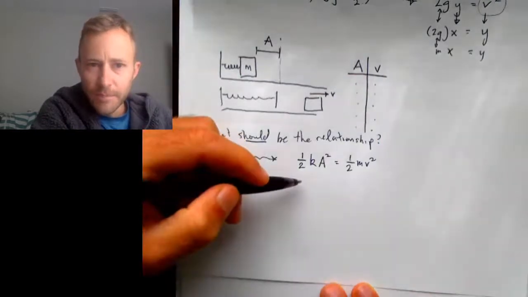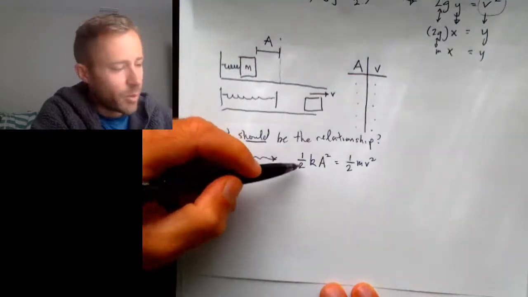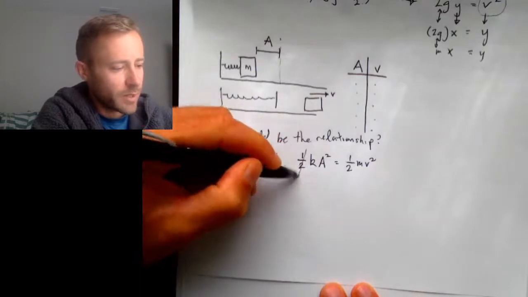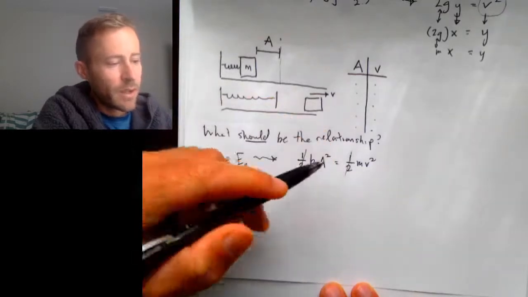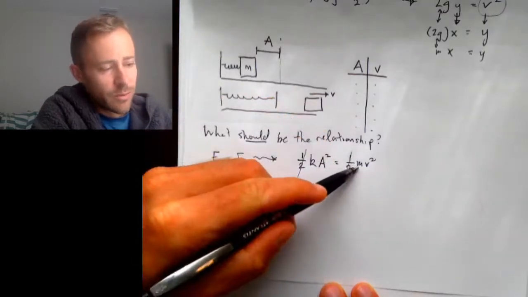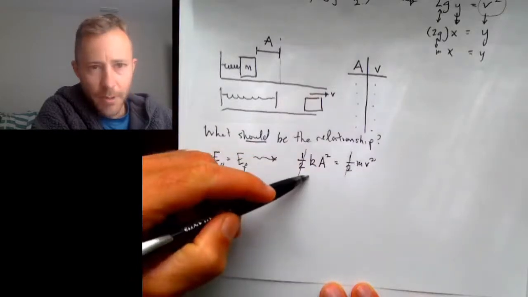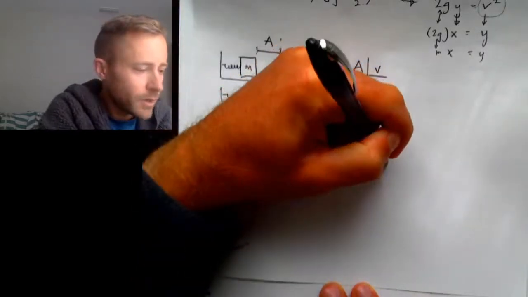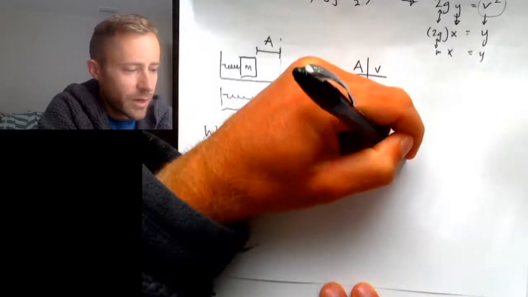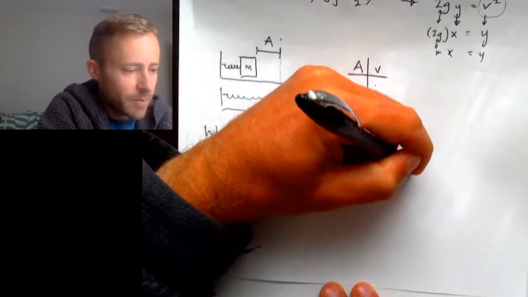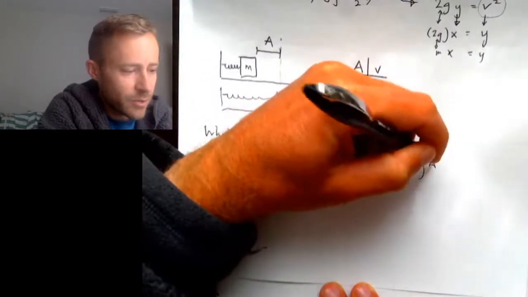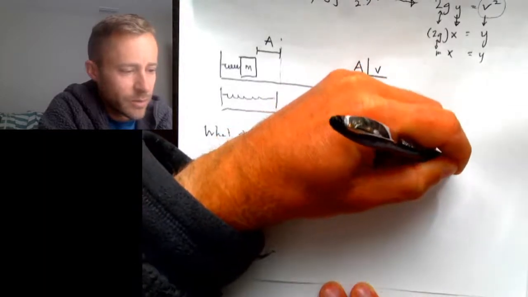So I can see that both sides of the equation have 1/2, so I'm going to cancel those out. And then I'm also going to divide both sides by m. Okay, so if I do that, I get k over m times a squared equals v squared.